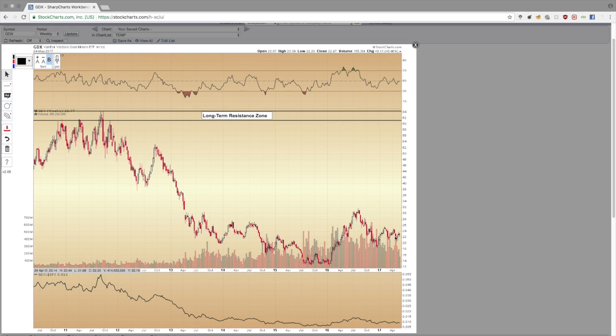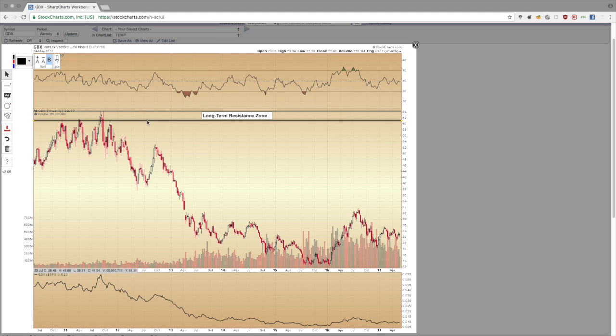The average gold and silver miner could be expected to appreciate 200% in that same time frame, all else being equal. Of course, all else is never equal, but we sometimes do have to make basic comparisons so we have at least an expectation of what we might be expecting here in the market going forward.